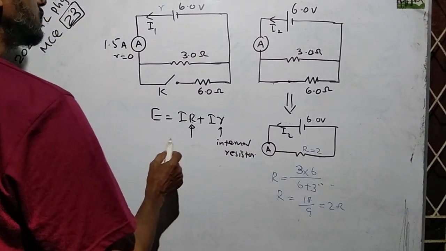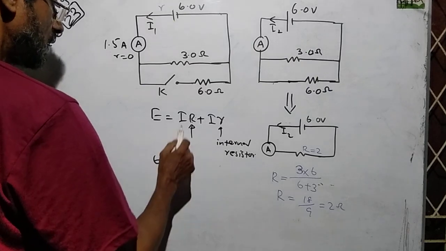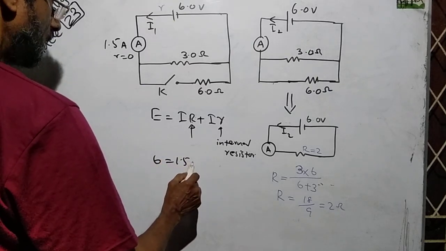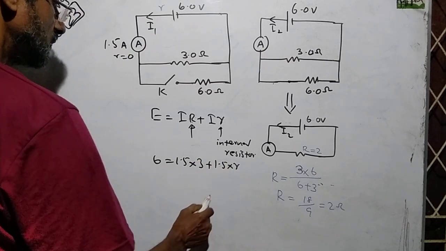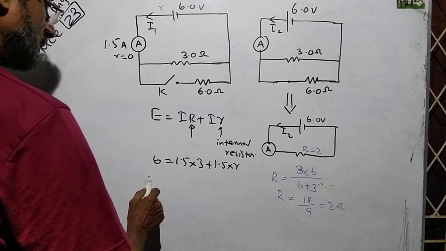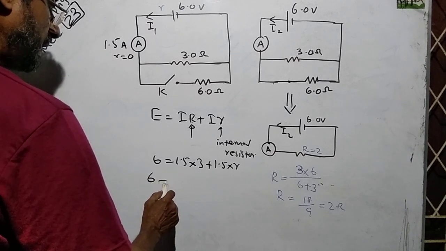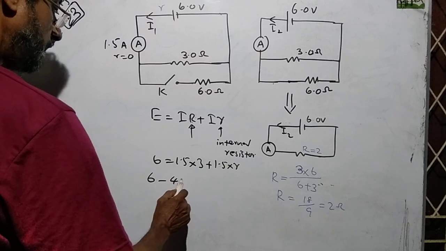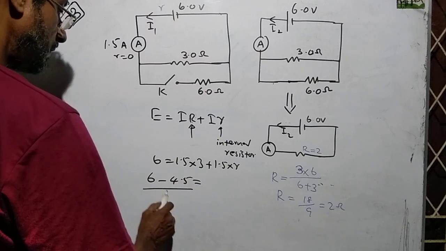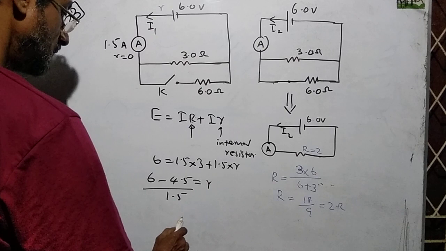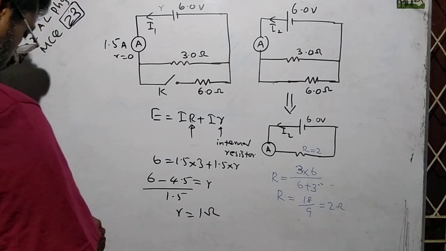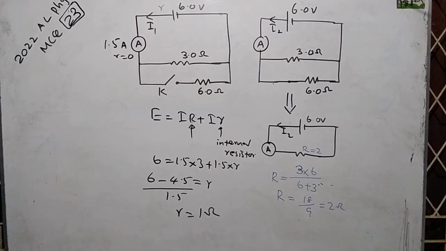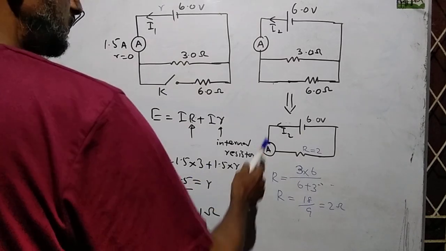E equals 6, I is 1.5, R is 3, plus 1.5 into r. Therefore, 6 minus 4.5 divided by 1.5 equals r. r equals 1 ohm. Now we can consider the second occasion, this one.